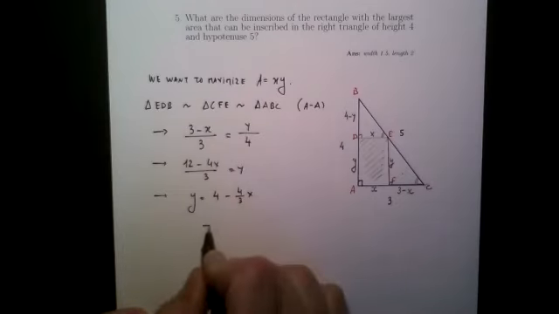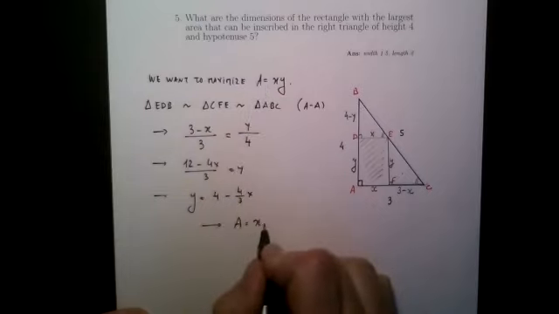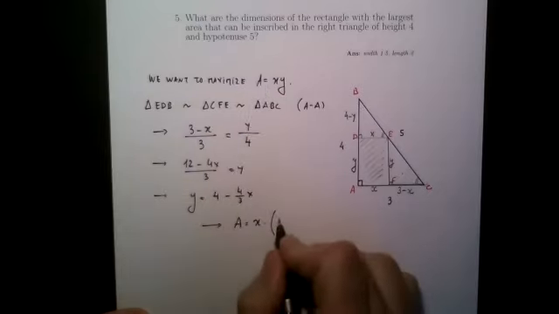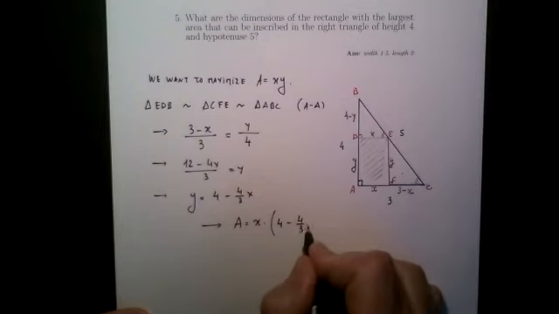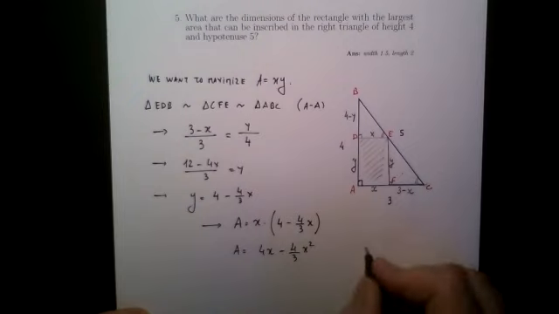And so now I could express A as x times y, which is this, 4 minus 4/3 x. Okay, and so A is 4x minus 4/3 x squared. This is the area that I want to maximize, and x is what?